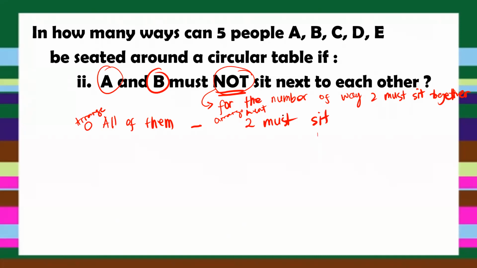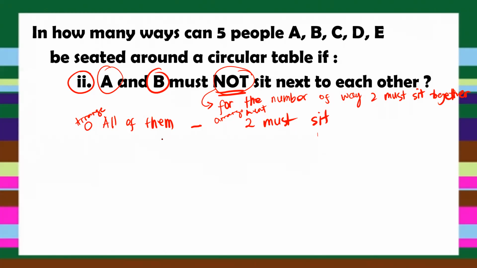Kasi pag binawas mo doon yung number of arrangement na yung dalawa ay magkatabi, saka mo makukuha yung number of arrangement na hindi sila magkatabi. So kapag kinonsider natin lahat ng arrangements all together, at binawas mo doon yung number of ways the two must sit together, saka mo lang makukuha yung answer for this example na they are not going to sit together.